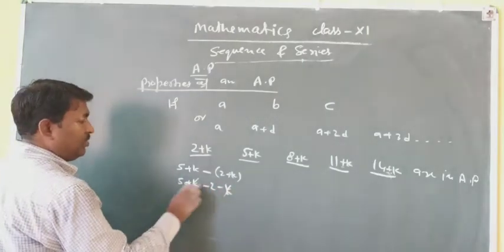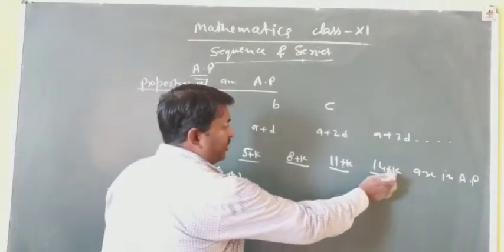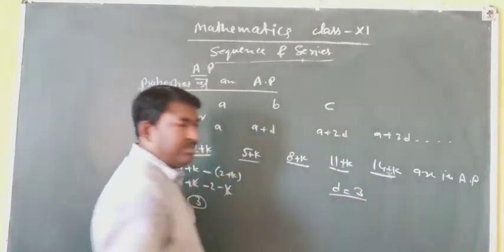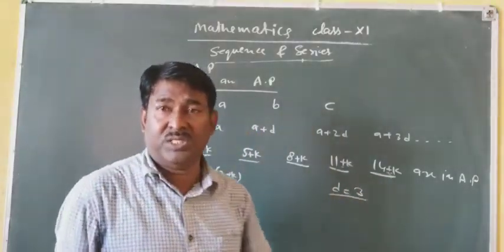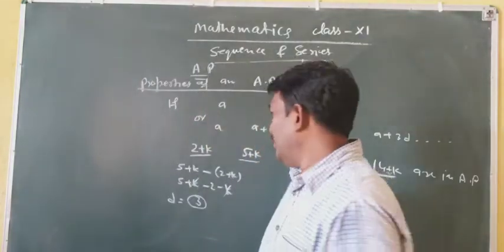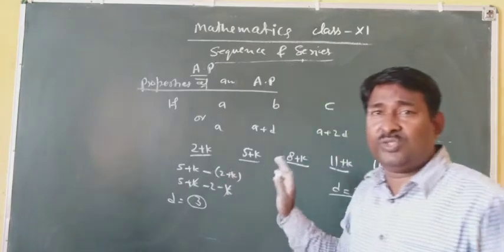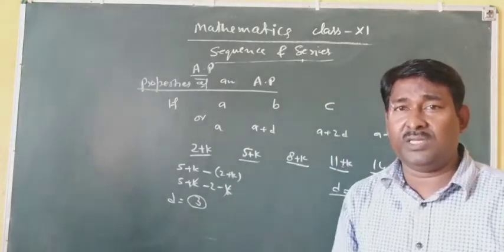k cancels out. Again you are getting the same common difference. Just see here, 14 plus k minus 11 plus k, again you are getting the same common difference. So there is no effect of the addition of this constant term k. And if you subtract this k, then also there is no effect on their common difference and on the nature of the series.